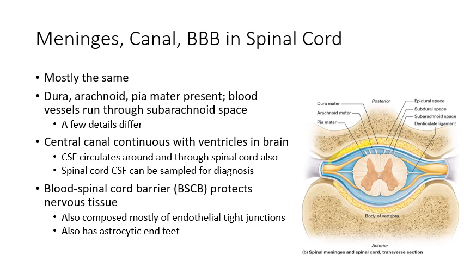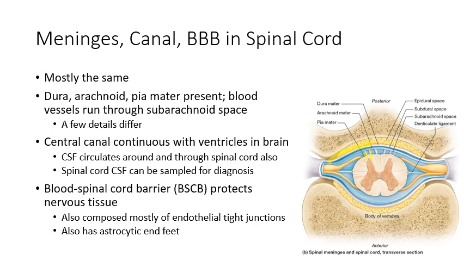The arachnoid mater is just beneath it, and then the pia mater is right against the actual spinal cord itself, and it's really thin, so you can't see it very much, but you can see the little ligaments that connect it to the arachnoid mater.